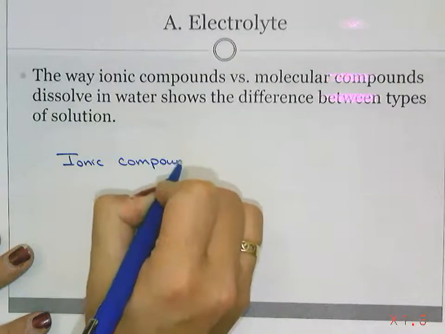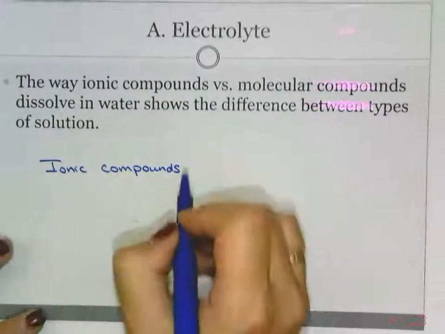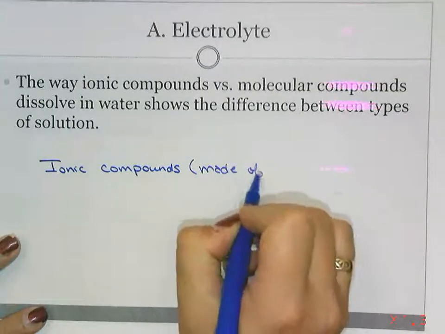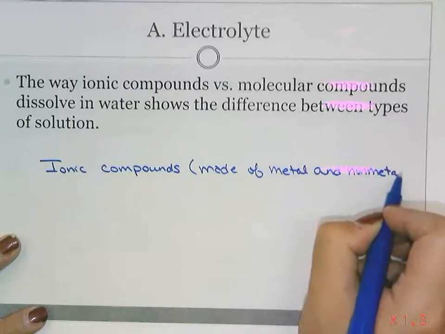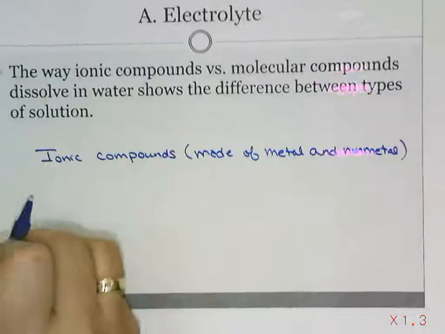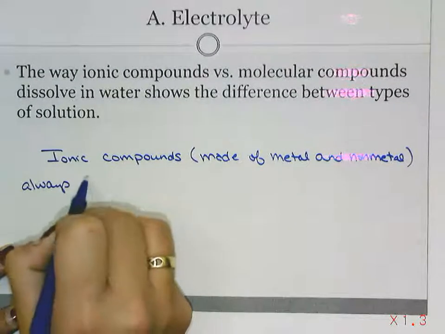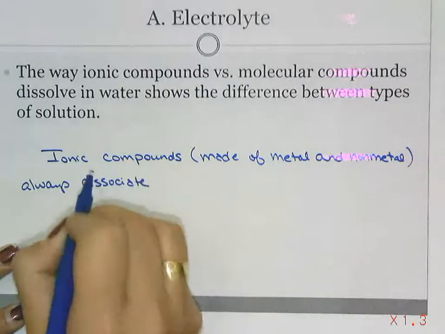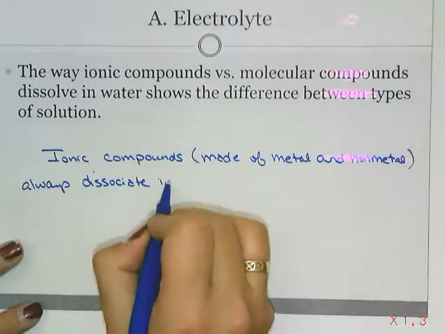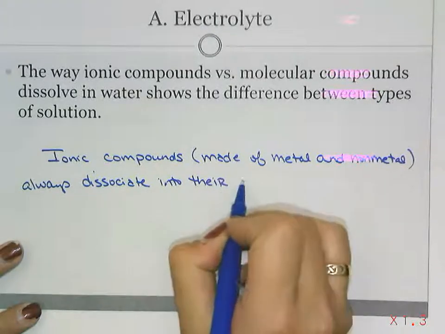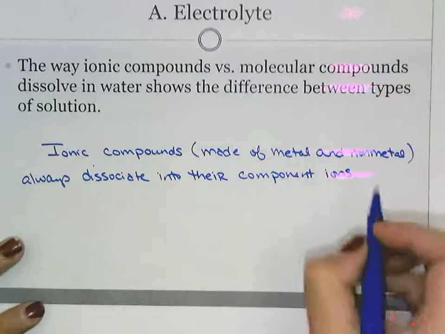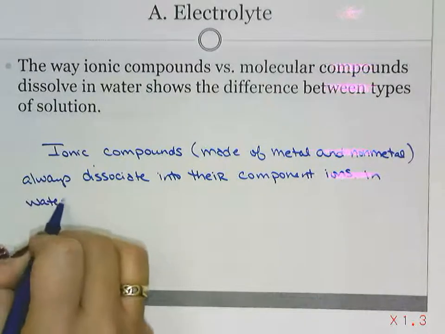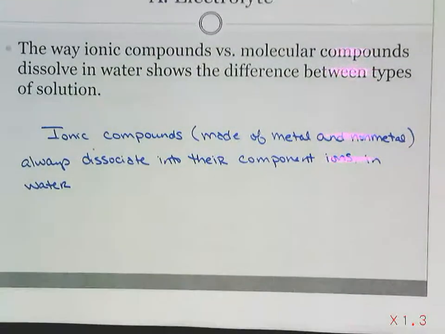All right, so ionic compounds, made of metal and nonmetal, are always going to dissociate in water.